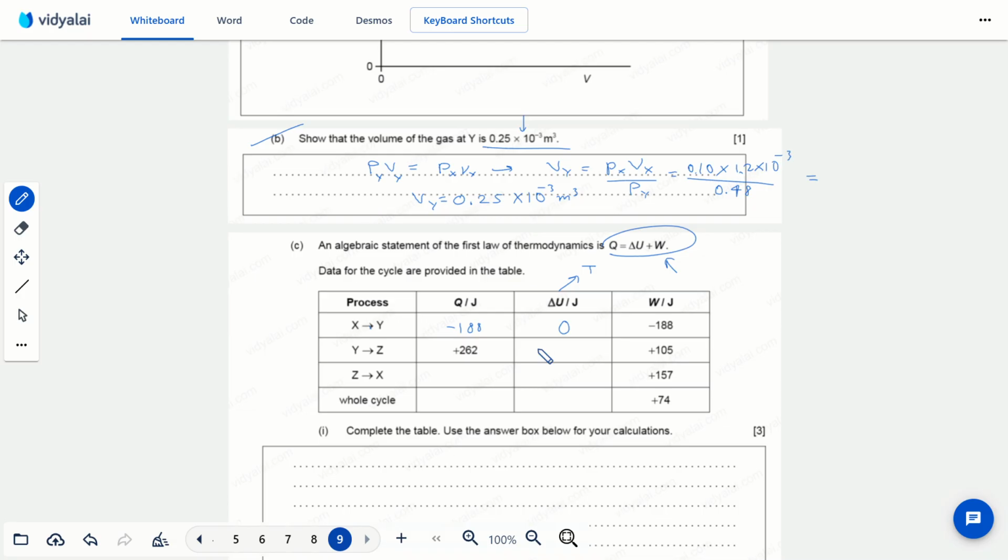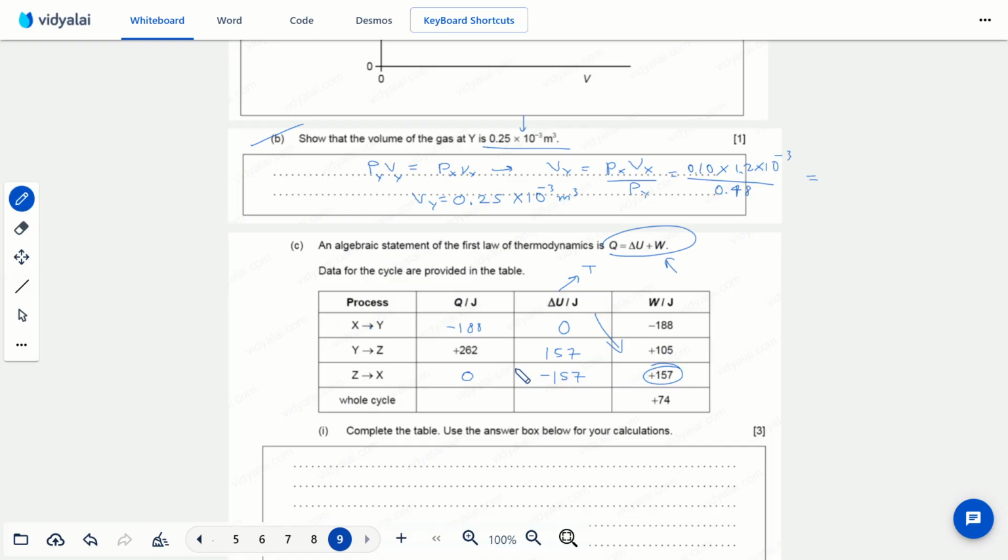So that's 105, and that's the amount of work done going from Y to Z. Now what about Z to X? It is an adiabatic expansion, so there is no change in the heat content of the system. So everything that has performed work is obtained from the internal energy.